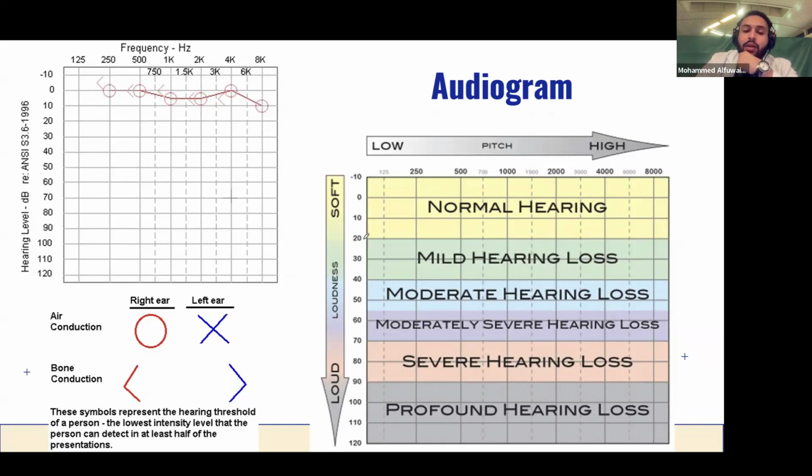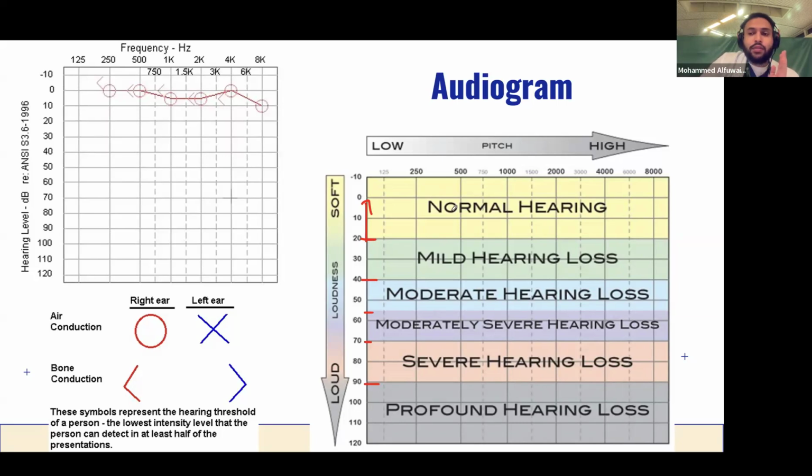Below 20 decibels is normal hearing. Anything above that is affected. You do not need to know this in detail. I do not think this will come, but just for you to know, 20 to 40 is mild hearing loss, 40 to 55 is moderate, 55 to 70 is moderately severe, 70 to 90 is severe, and above 90 is profound hearing loss.